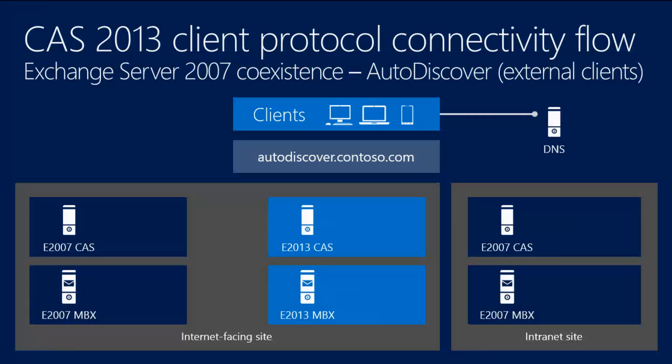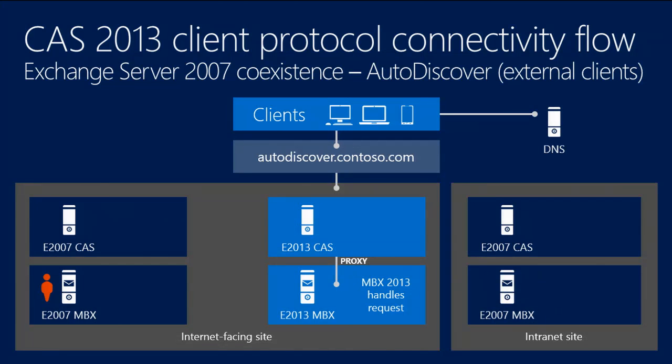If the mailbox is on 2007, the CAS is still receiving the connection. The mailbox is down here in the bottom left. He's trying to figure out what to do, and what he actually does in this case is he sends it to the mailbox 2013 server. You might think, why does he want to do that? He does that because mailbox 2013 is more closely related to a multi-role 2010 server in many ways, right?